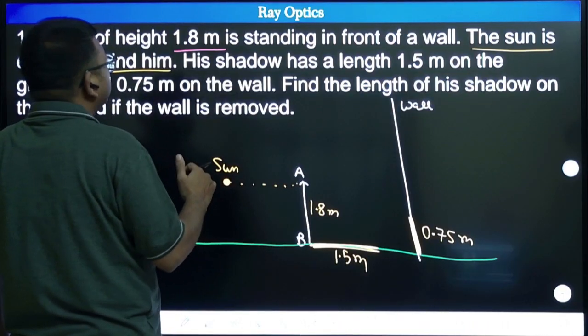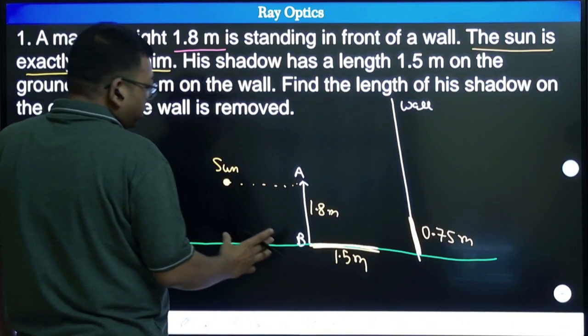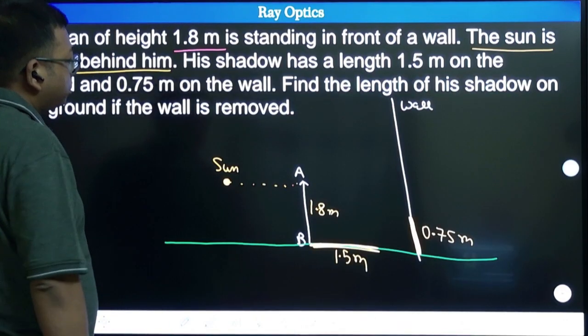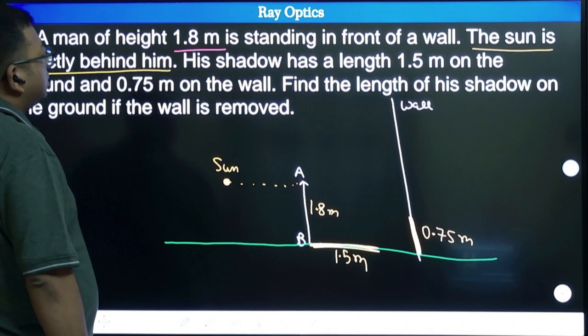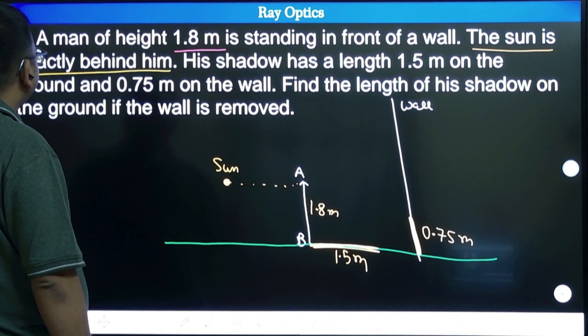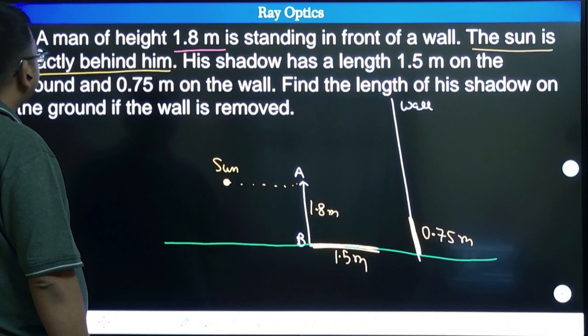Sun is here. His shadow has a length of 1.5 meter on the ground and 0.75 on the wall. Find the length of his shadow on the ground if the wall is removed.